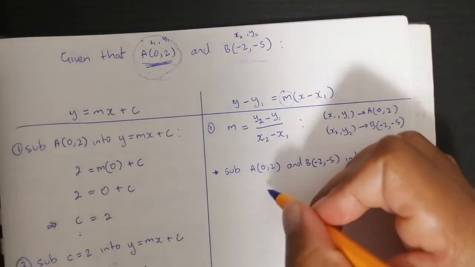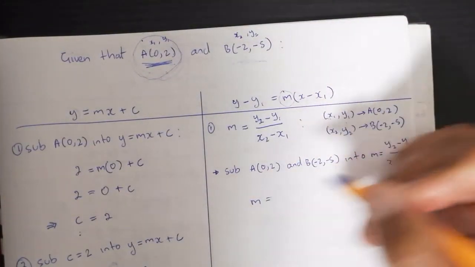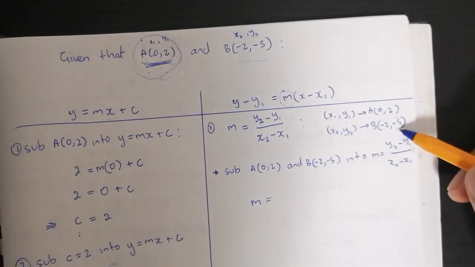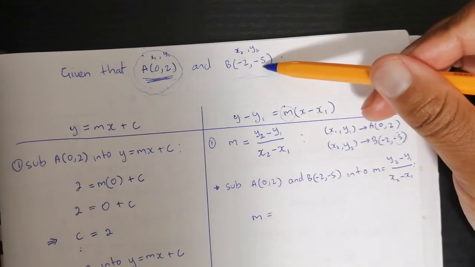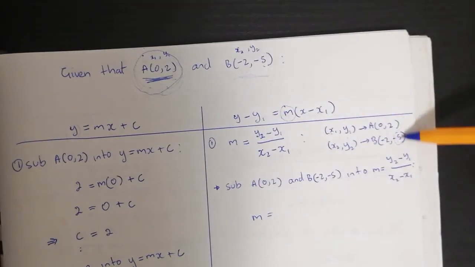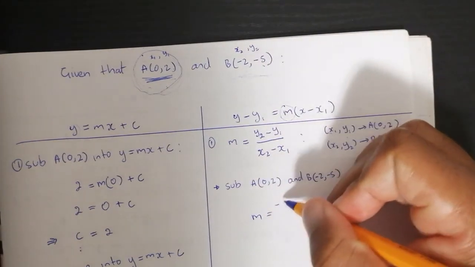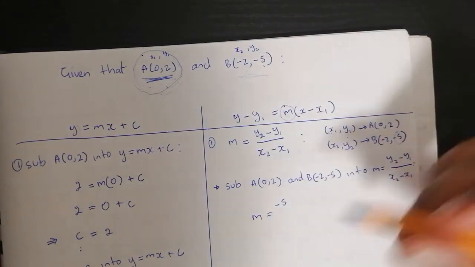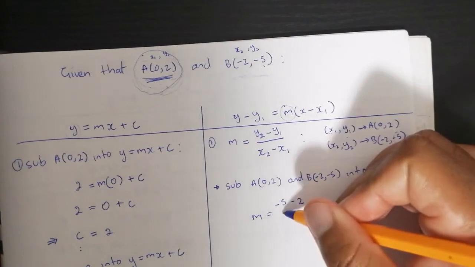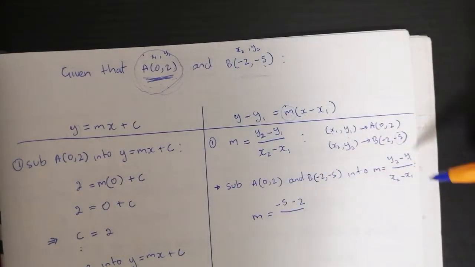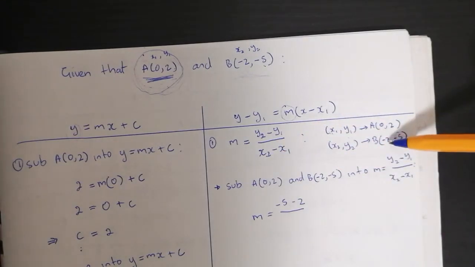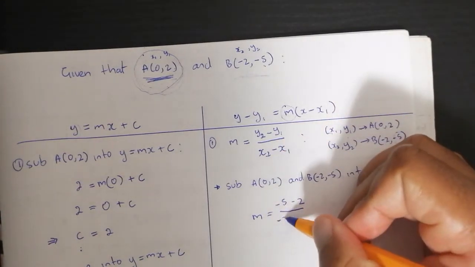And then that gives us m equals, so for y2 we're going to substitute minus 5 as we mapped it out here. So minus 5. For y1 we're going to substitute 2, so minus 2. And then for x2 we're going to substitute minus 2.